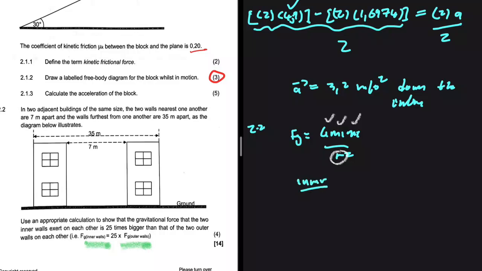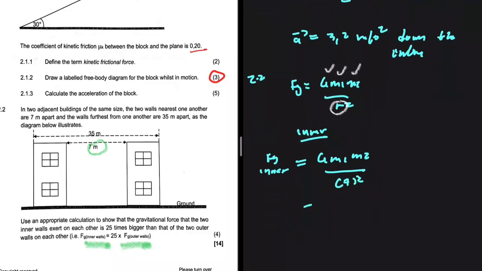For the inner walls, Fg inner is equal to G m1 m2 divided by r squared. The inner walls are 7 meters apart, so we're going to have 7 squared. We know what 7 squared is equal to, so we're going to have G m1 m2 divided by 49. These are the inner walls.